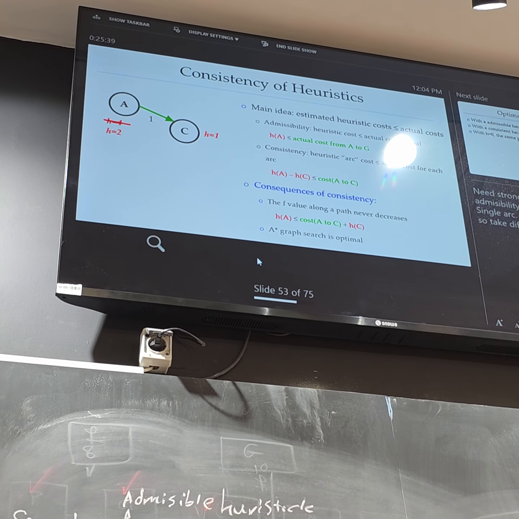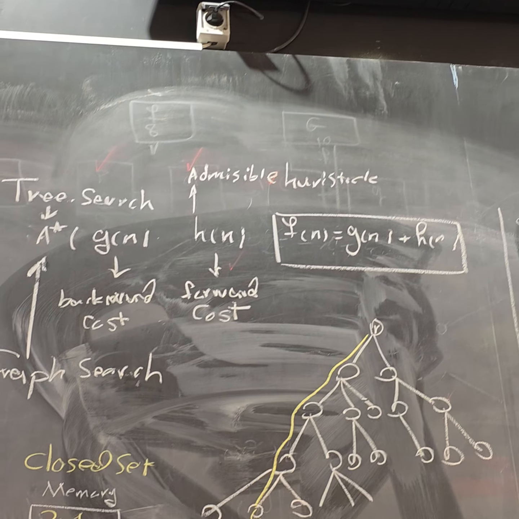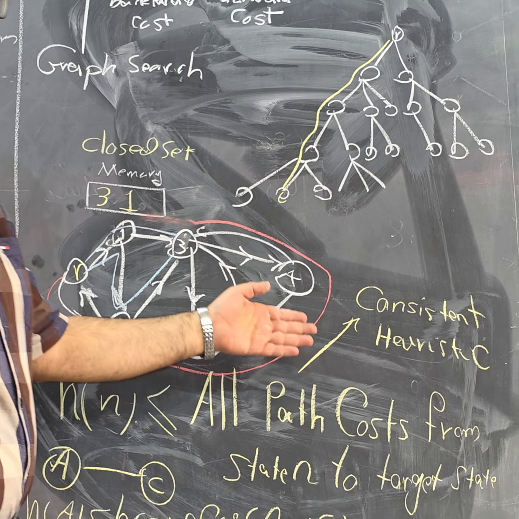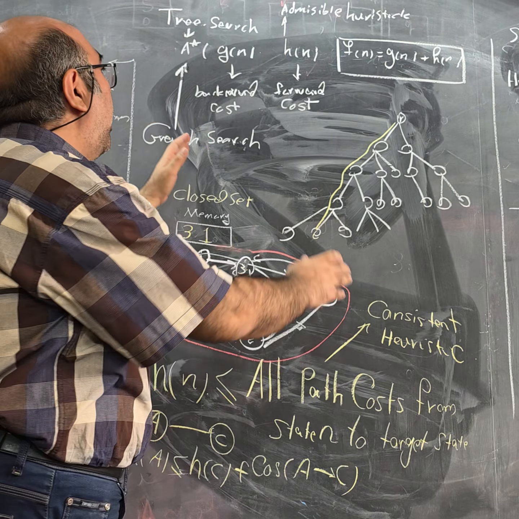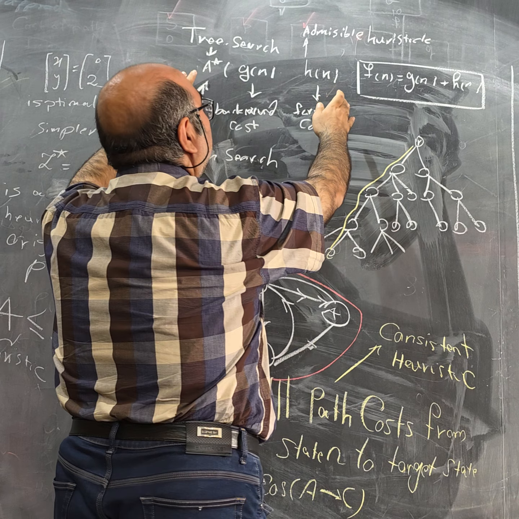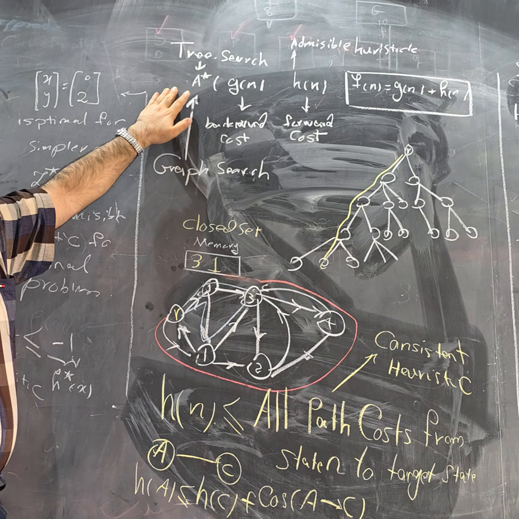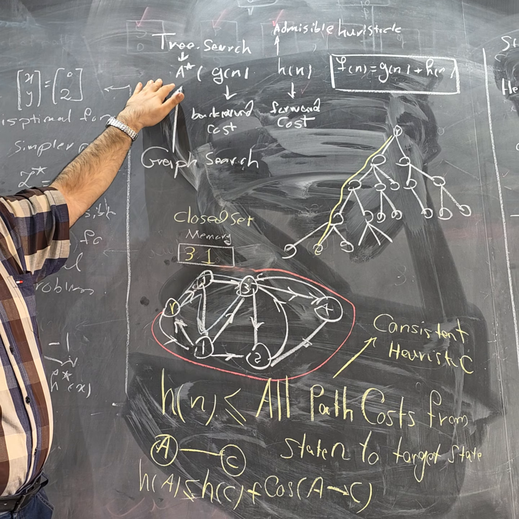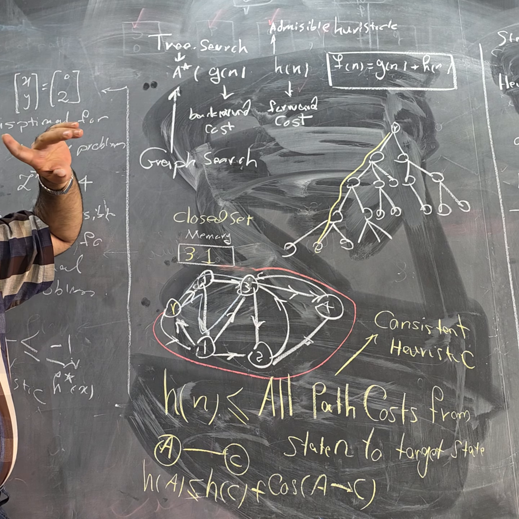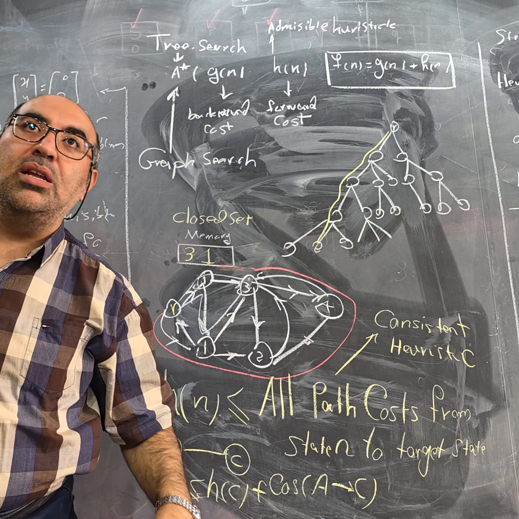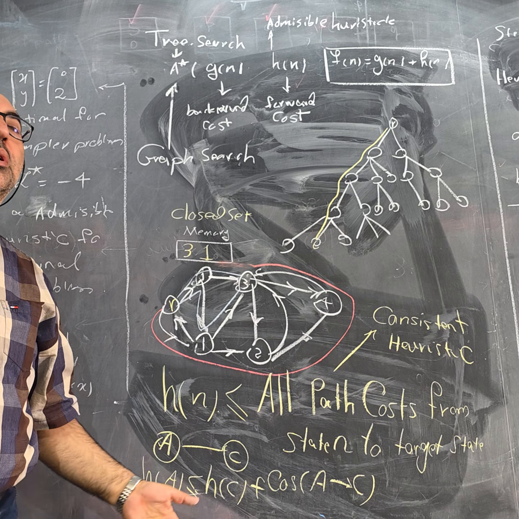If you have a consistent heuristic as I presented here, again A star is optimal for graph searching. That means A star can find the optimal solution before any sub-optimal.